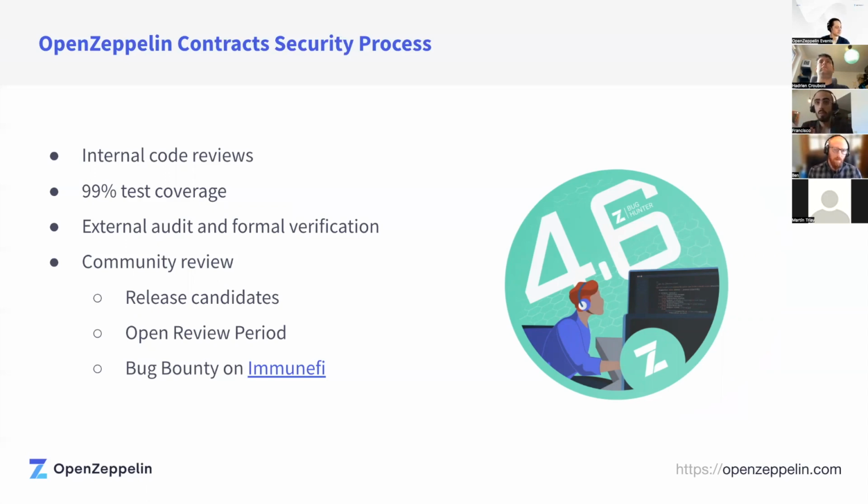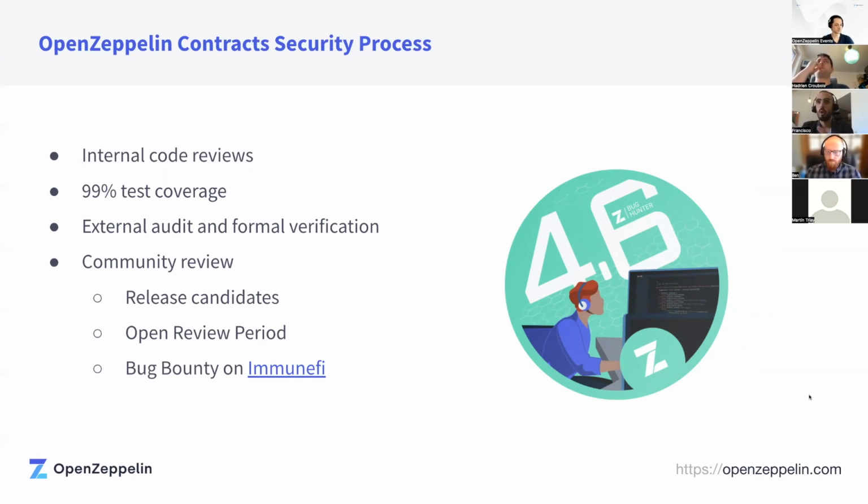But a big part of the security comes from the community review that you all do. So we've got the release candidates, whose goal is to make this space to pause for a second on working on new features and review what's going to be released in a few weeks.